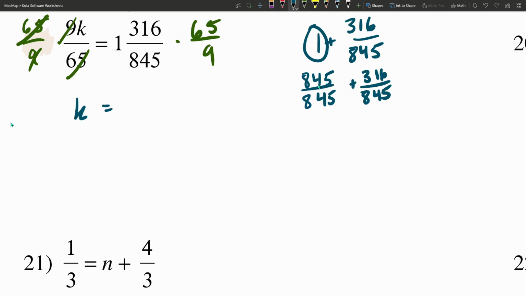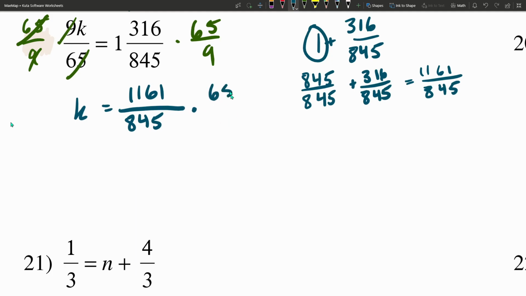Adding those two together, 845 plus 316, doing some mental math here, 6 plus 5 is 11, carry the 1, 1 plus 1 plus 4 is 6, 3 plus 8 is 11. So 1,161 over 845. So we have 1,161 all over 845 times 65 over 9.